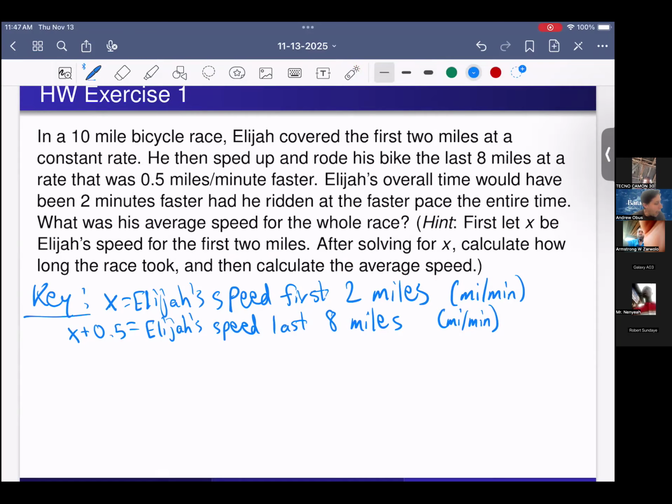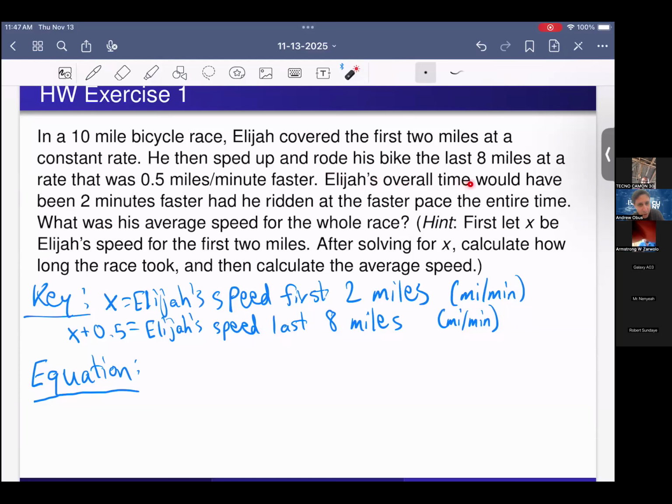Okay, so now's what I think is the most important step of any of these word problems. So we have the key, and now we have the equation. So we need to use information given to us in this problem to set up an equation. Okay? So what is the actual information that the problem gives us? Well, it says Elijah's overall time would have been 2 minutes faster if he had ridden the faster pace the entire time.